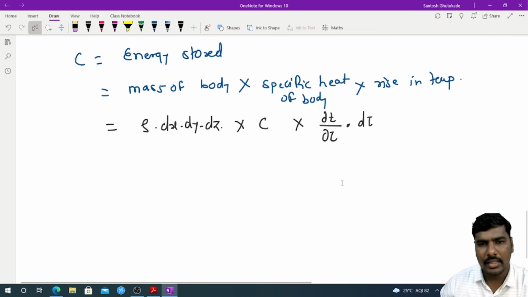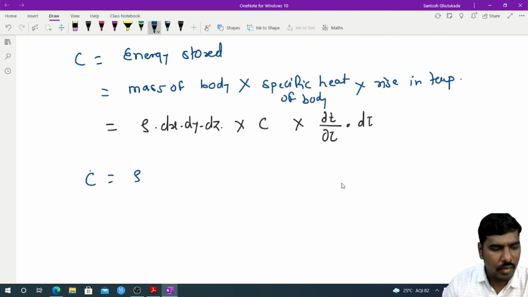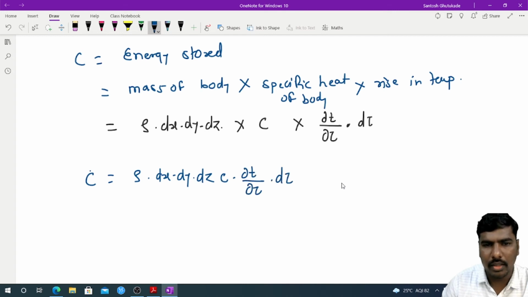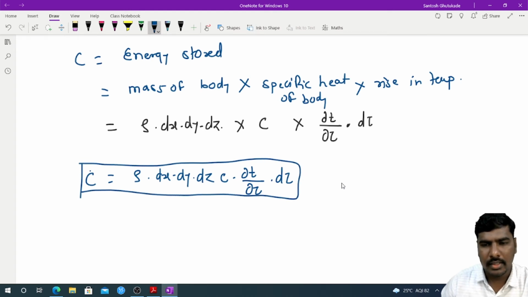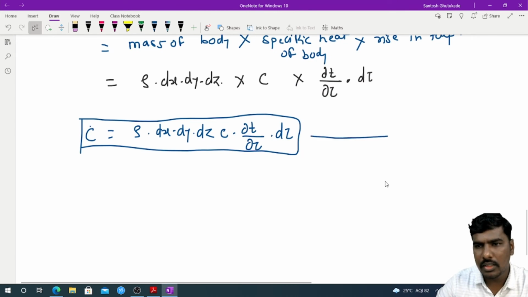Okay, so let part C be rho into dx, dy, dz into C into ∂T/∂tau for a given time interval d tau. So this is part number C. We will give equation number 6 for this part number C.